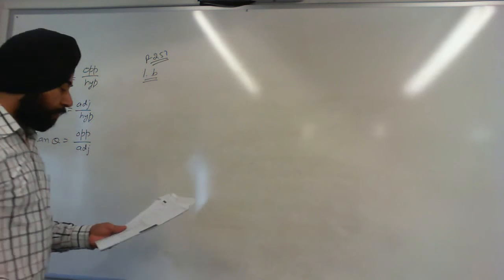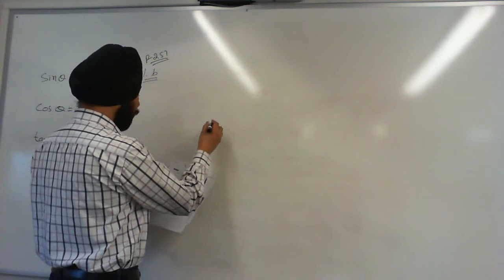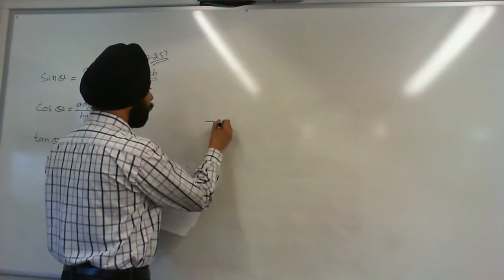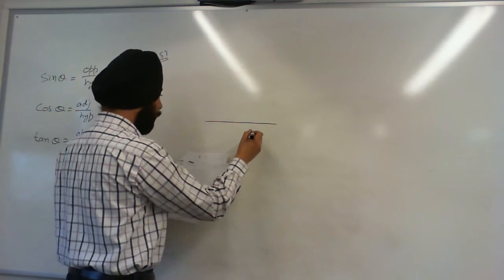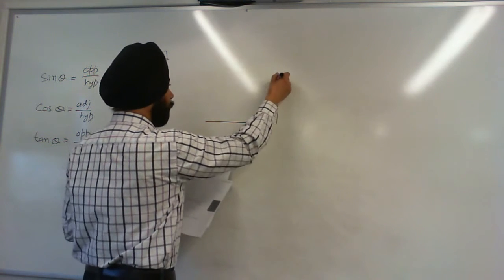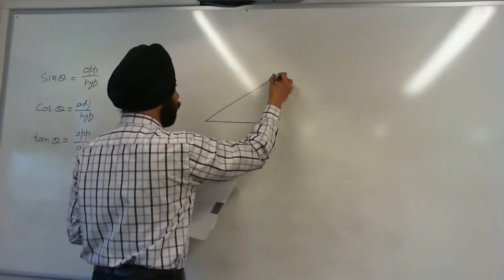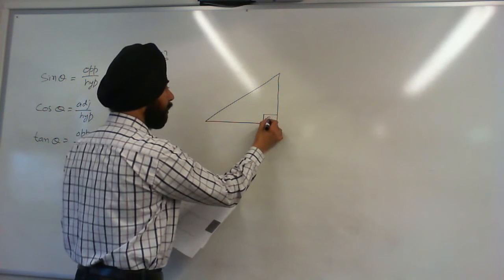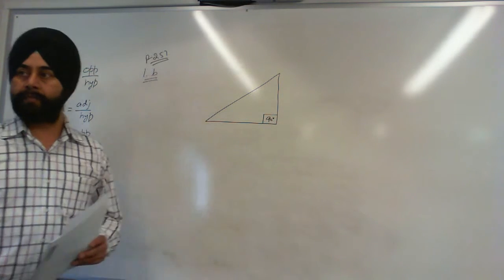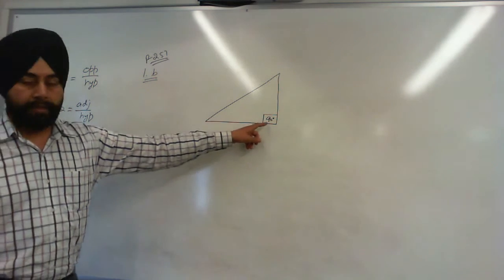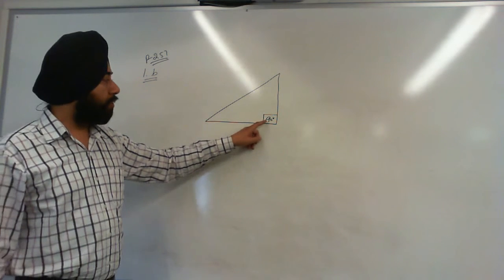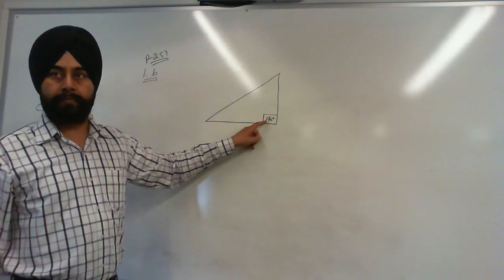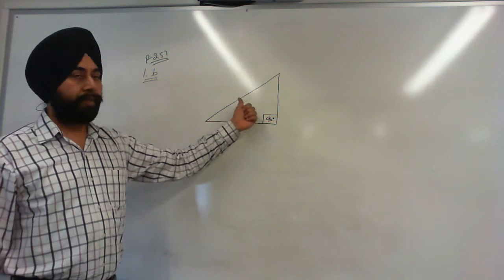And in this, you are going to find x again, but x is not a side now, it's an angle. So this is the triangle. This angle is 90 degrees, so this is a right angle triangle. If this is 90 degrees, which side is the hypotenuse? Opposite to this, right?